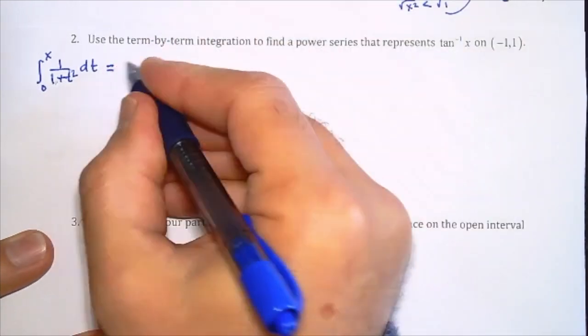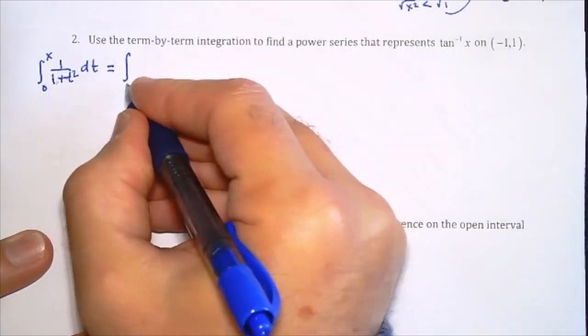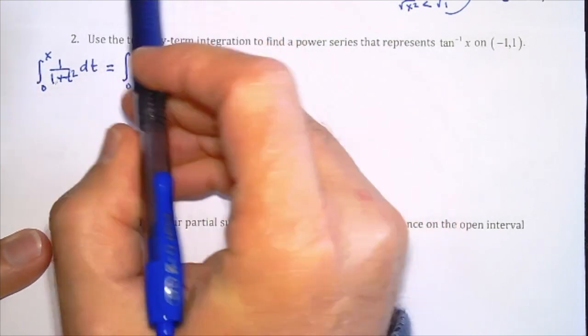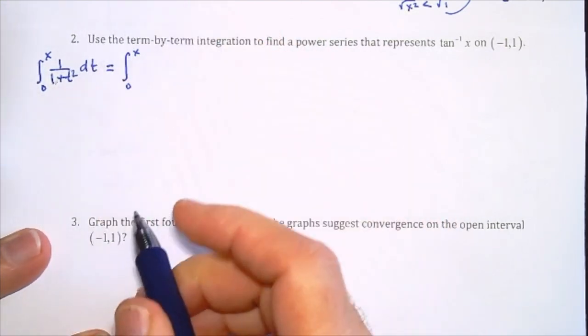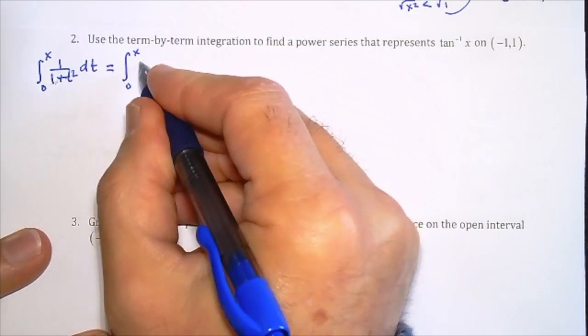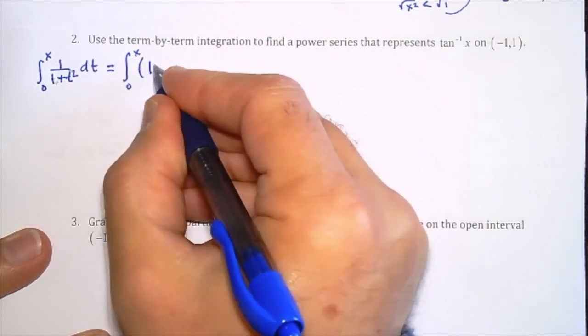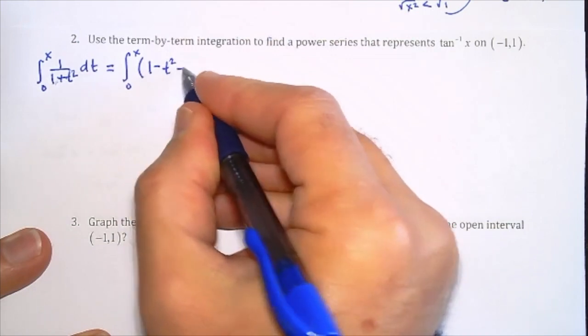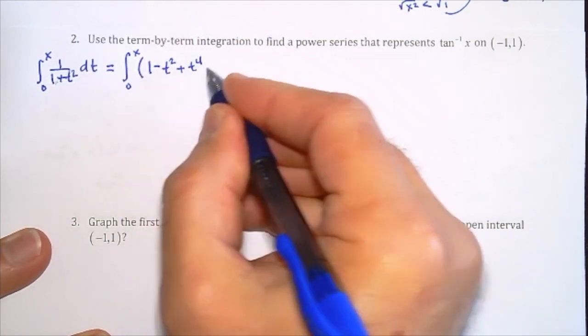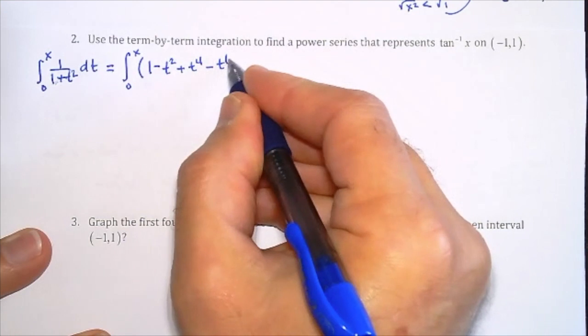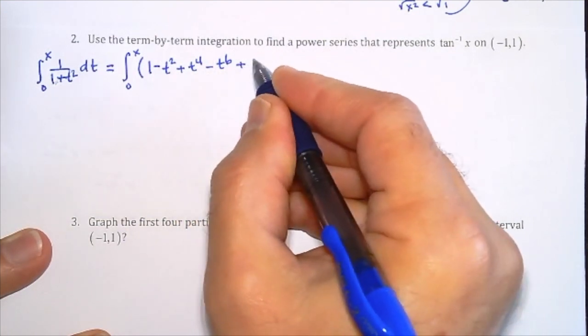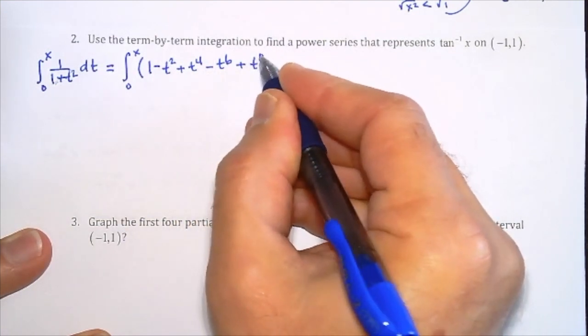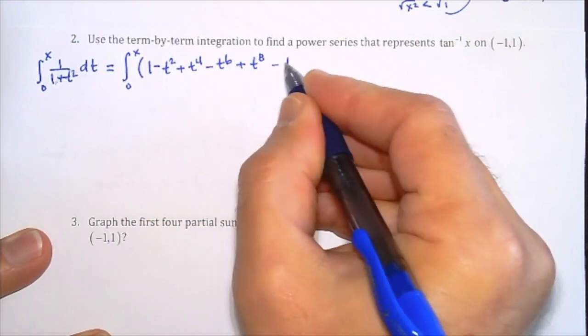So this is equal to the integral, also from 0 to x, of the power series that we had above, okay? I'm going to use a parenthesis here: 1 minus t squared plus t to the 4th minus t to the 6th plus t to the 8th minus t to the 10th.